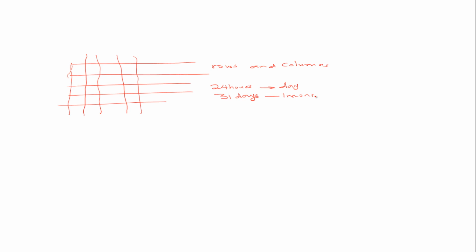So I need to create an array that can take, starting with index 0, 1, 2, up to 23 for the hours, and I have to determine the days as well from 0, 1, 2, up to 30.